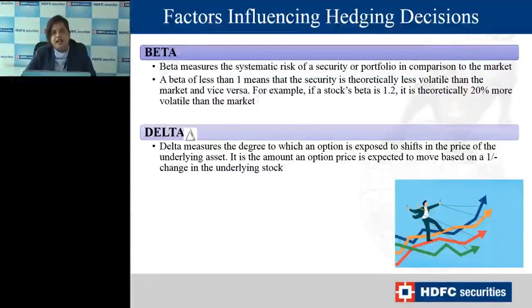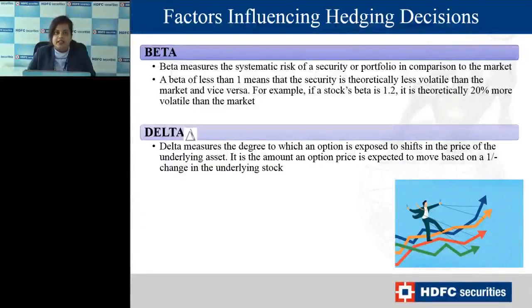If the beta of the stock is more than 1, then we say that it is theoretically more volatile than the market. For example, if a particular stock has a beta of 1.2, we say that theoretically it is 20% more volatile in comparison to the market. So this is what beta stands for.